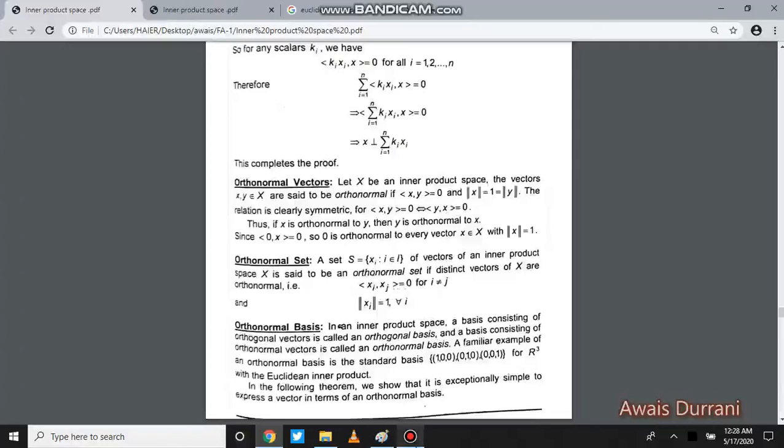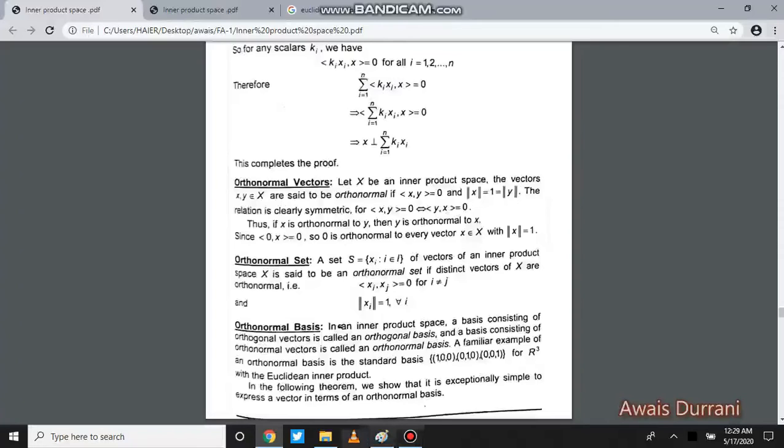Now coming towards the definition of an orthonormal basis. What are bases actually? First you should recall that definition. A basis is a set of elements which spans the whole inner product space.